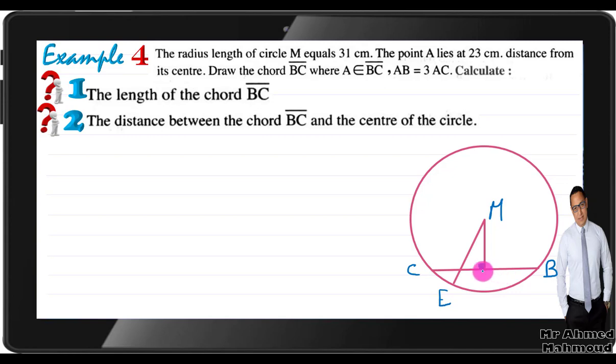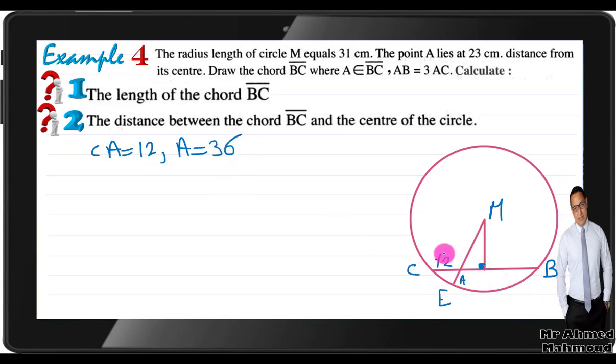Okay, now remember with me, CA equals 12, this is A, CA equals 12, and AB equals 12 times 3 equals 36. CA equals 12 and AB equals 36.